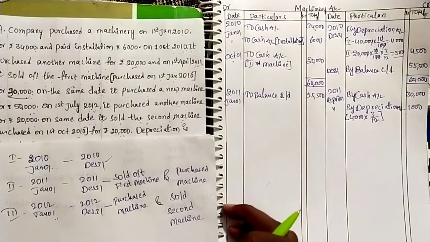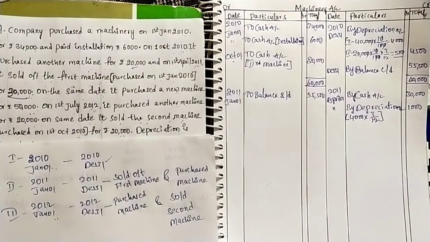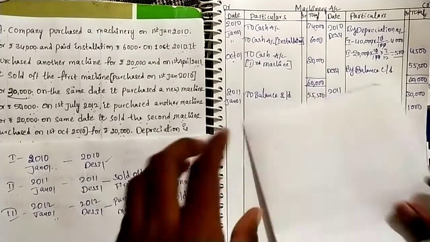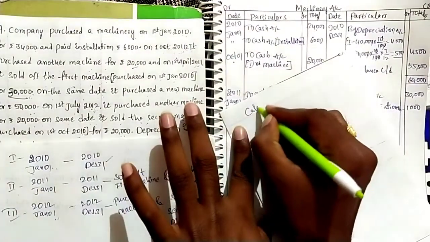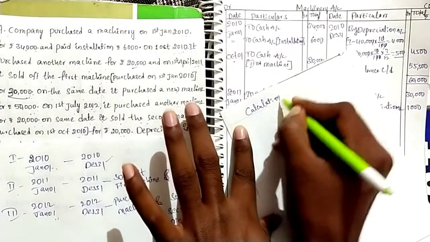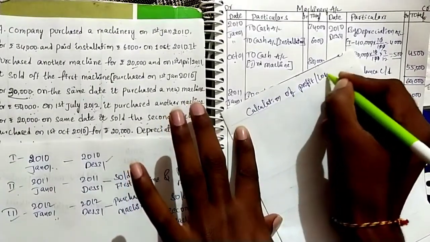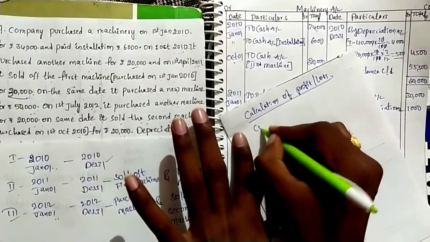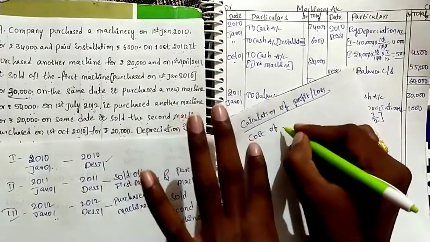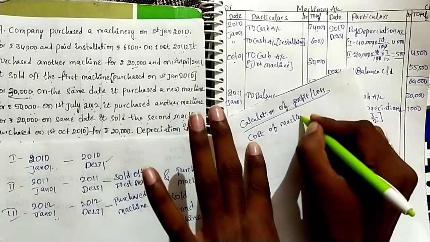So at the time of sale of machine, we have to find out whether it is a profit or loss. Okay, see this calculation of profit or loss. First, cost of asset, cost of machine.